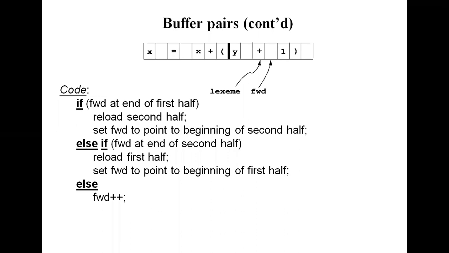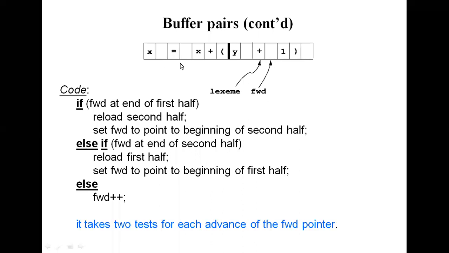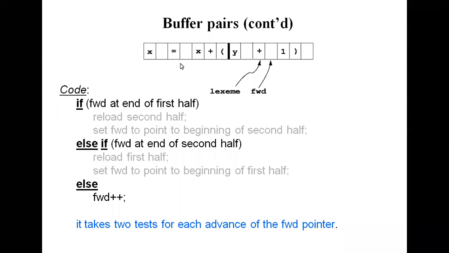Now let's see what the task of the forward pointer is. The forward pointer moves ahead to search for the end of the lexeme. As soon as a blank space is encountered by the forward pointer, it indicates the end of the lexeme.